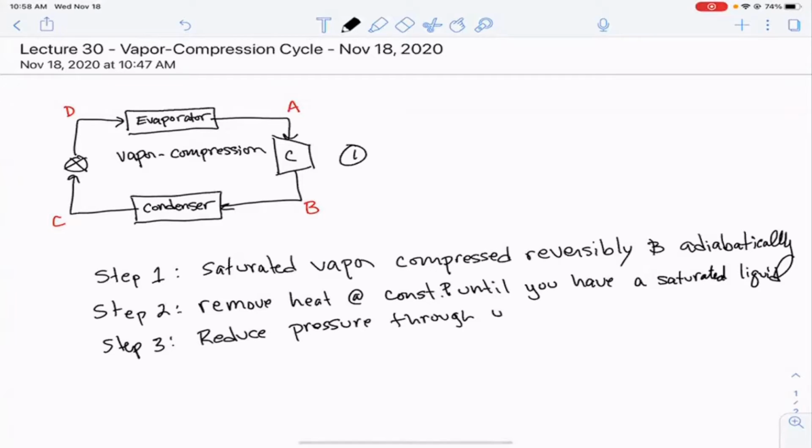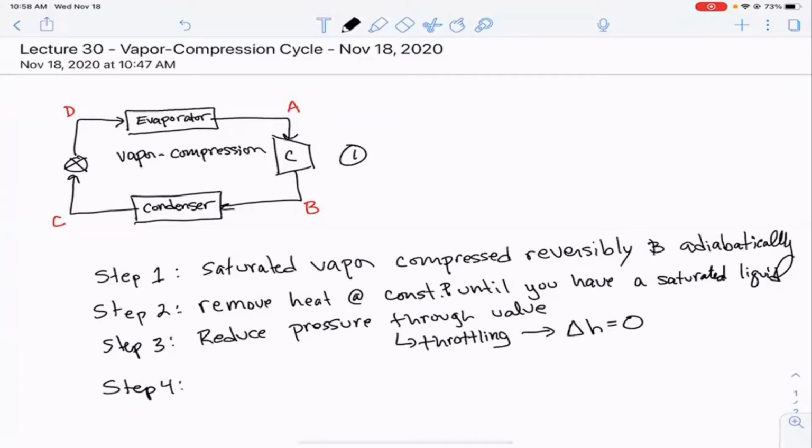And remember, when we were looking at valves earlier in the semester, we assumed that these were throttling valves. What that really meant after we manipulated the energy balance was that they are isenthalpic, that the change in enthalpy through a throttling valve is equal to 0.